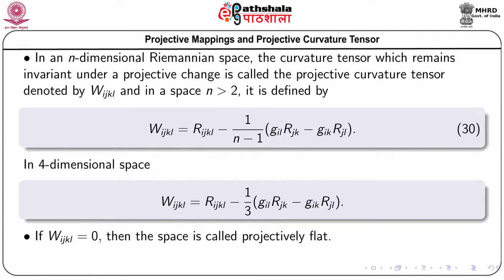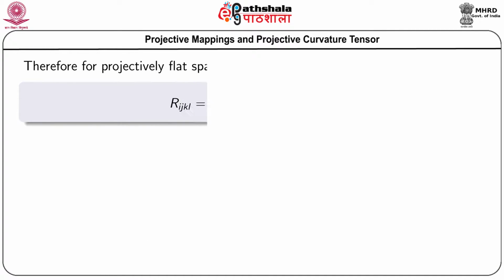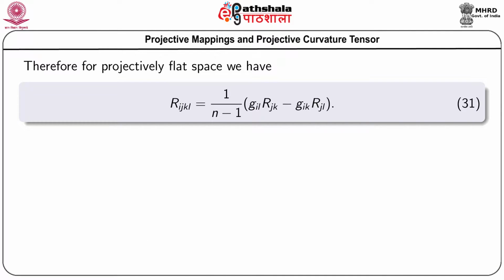Now, if this W_ijkl equals to 0, then the space is called projectively flat. Therefore, for projectively flat space we have this expression R_ijkl equals to 1 by n minus 1 (g_il R_jk minus g_ik R_jl), since W_ijkl equals to 0.